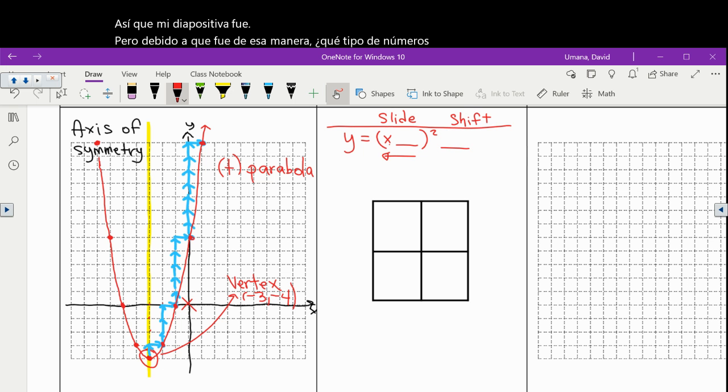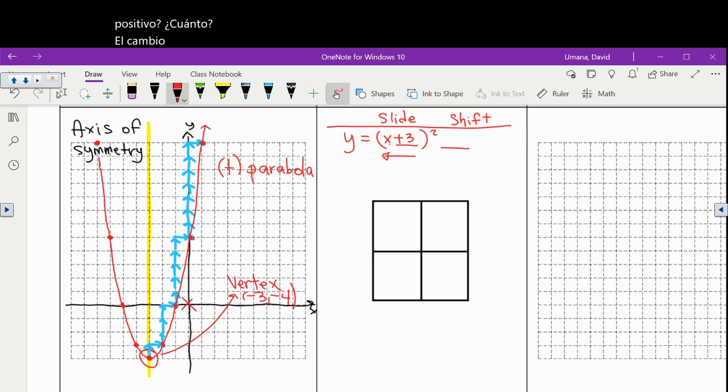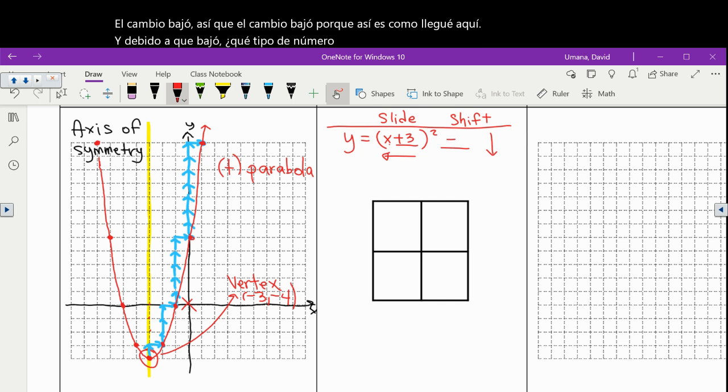Positive. So positive how much? 3. The shift went down, because that's how I got down here. And because it went down, what kind of number is that? Negative what? And even though I didn't have the equation, now I do.